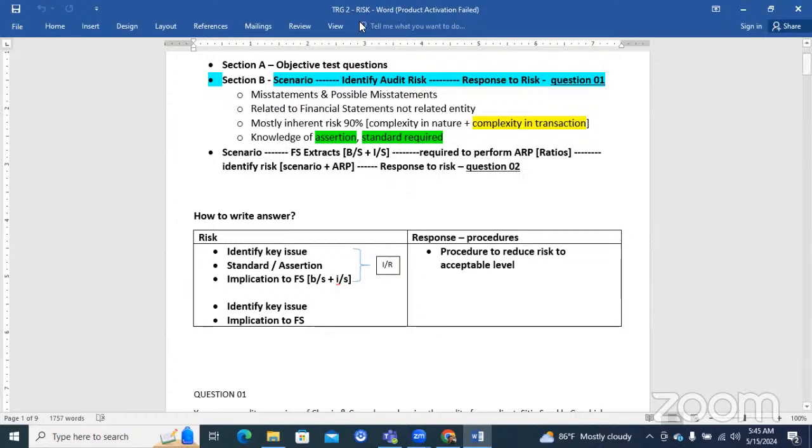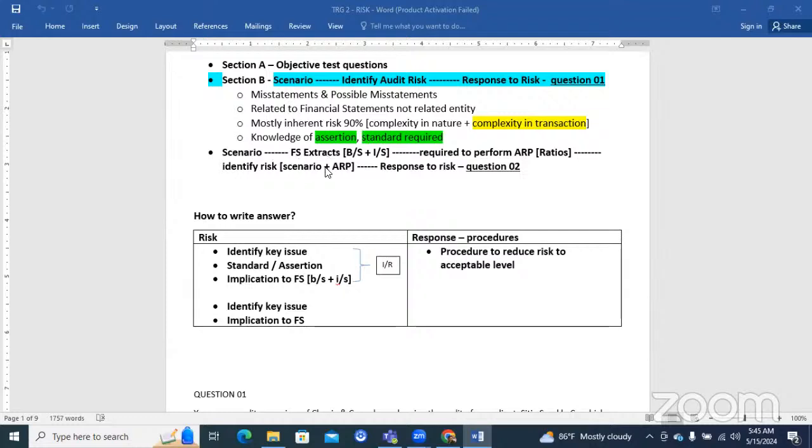What does that mean? A scenario will be given, and in that scenario a financial statement extract is also attached. So two information sources are given to you. Earlier, only the scenario. Now two information sources. For the scenario, you should apply your professional judgment.